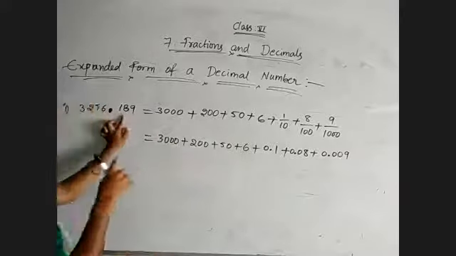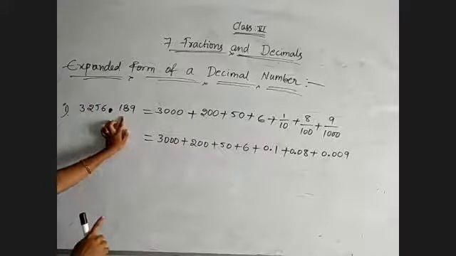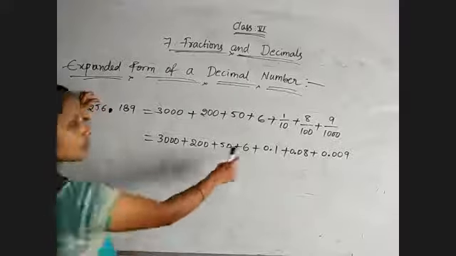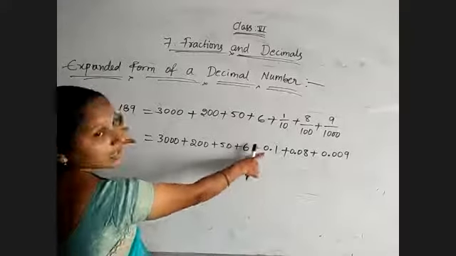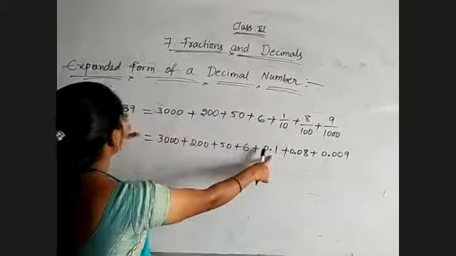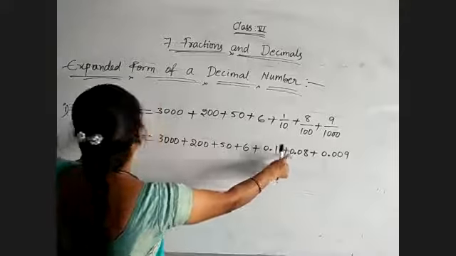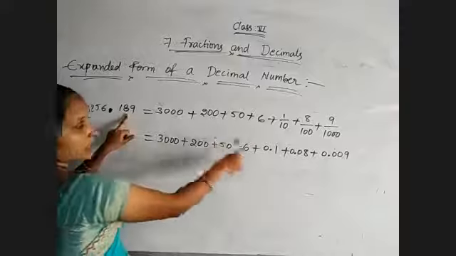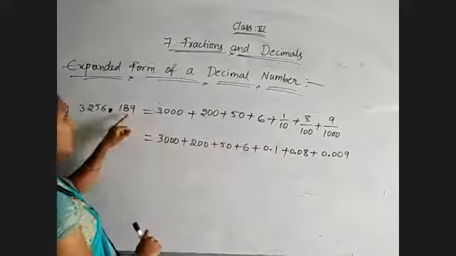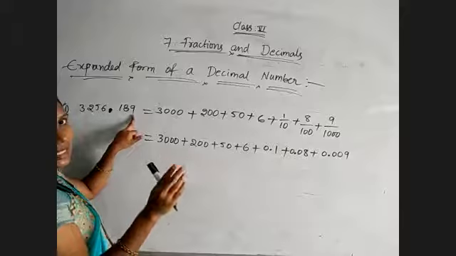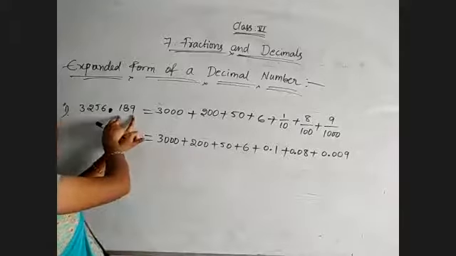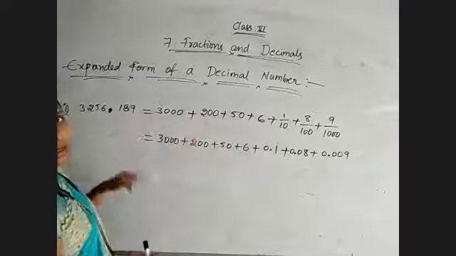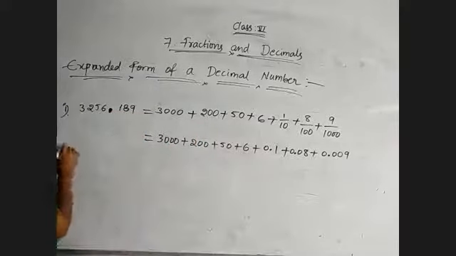While writing the place value of a decimal part digit, the whole number part will become 0 completely. So 0 point, the first digit is 1, so 0.1. For the 8, before 8 there is 1 digit in the decimal part, so 0.08. And 9 is the third digit in the decimal part, so before that 2 digits are there. So 0.009.